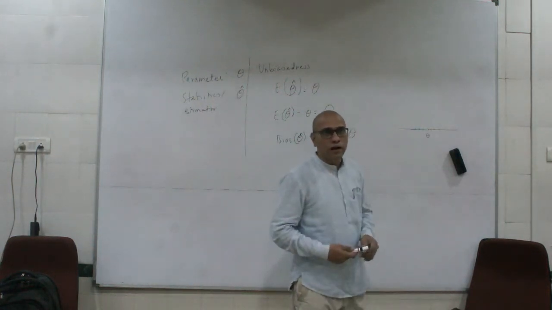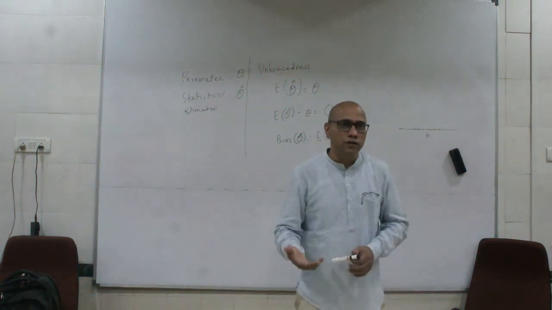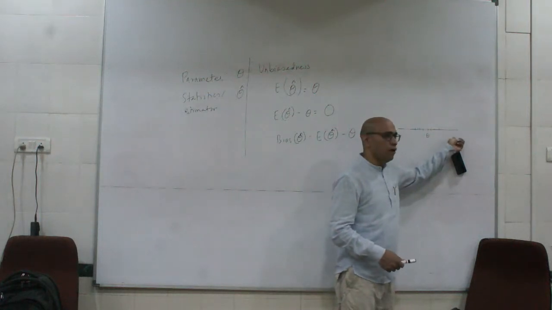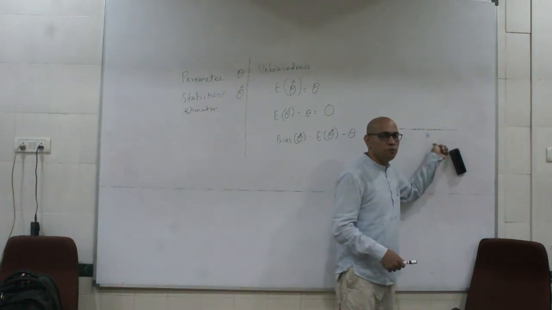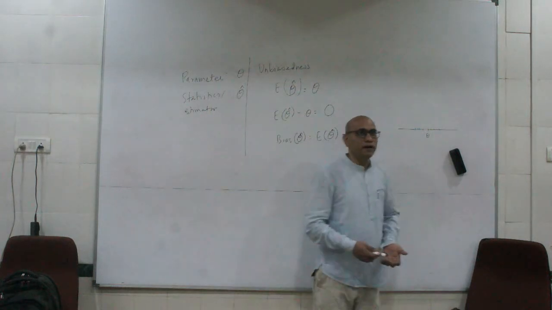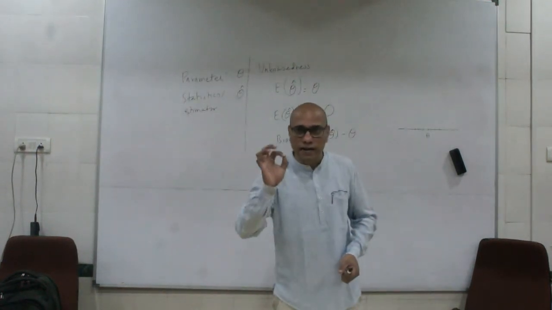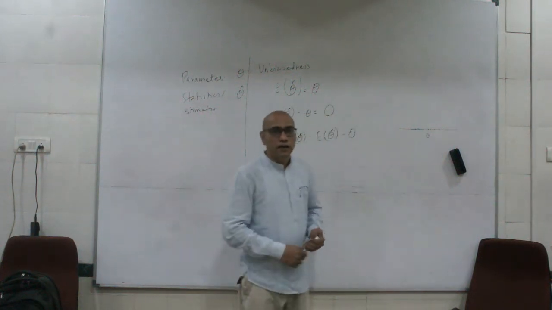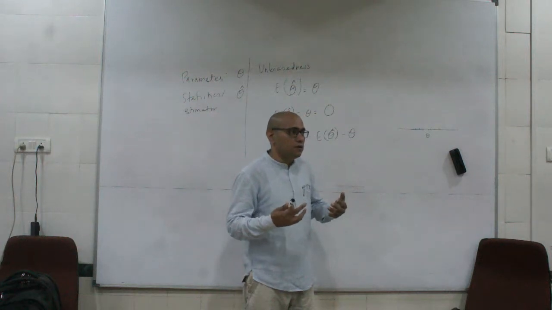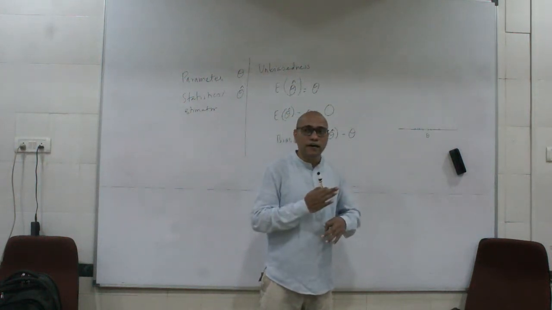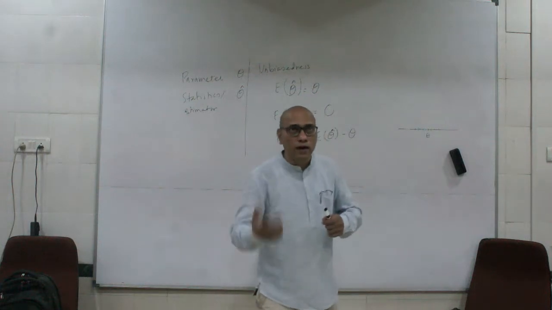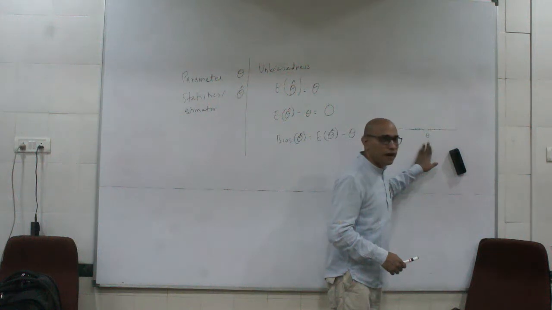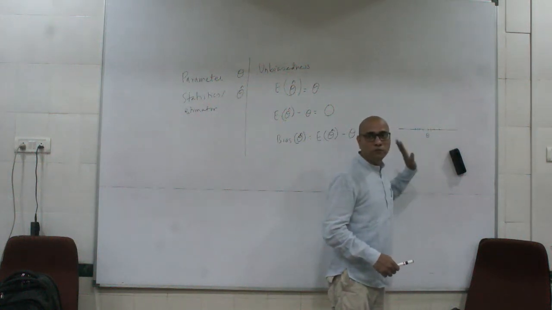Now what I will do is take a sample and compute the mean. That mean can randomly be above or below the value of the population mean. If I take a random sample from the population with replacement, then there is no systematic way in which I would obtain a sample mean either above or below the population mean.